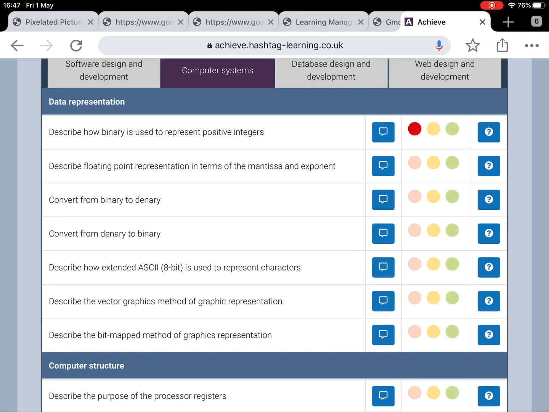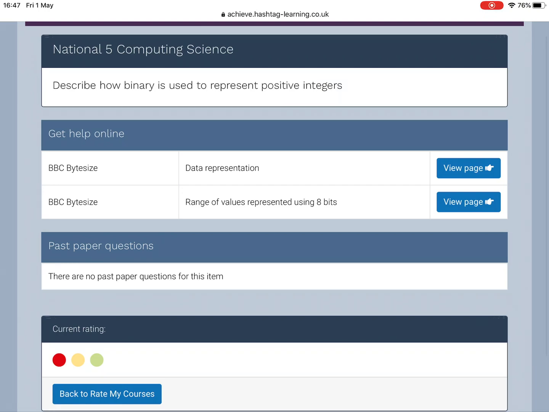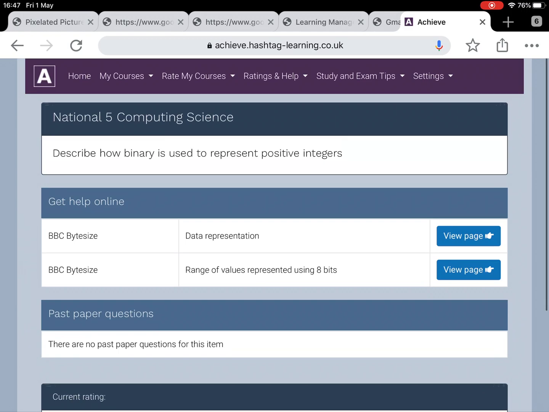If you're looking for something else to give you a bit of a test or for extra guidance, click on the little question mark. And this takes you to any sort of resource that is linked to this particular strand. So again, it's all about binary and how to represent positive integers. So BBC Bitesize, click on that link.